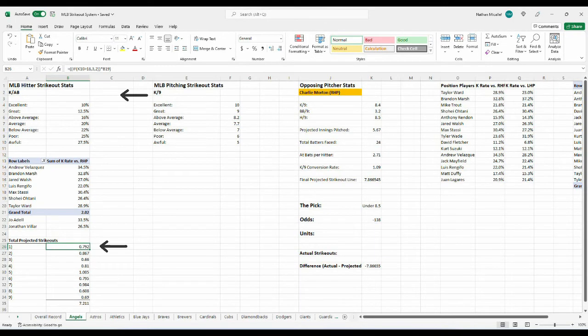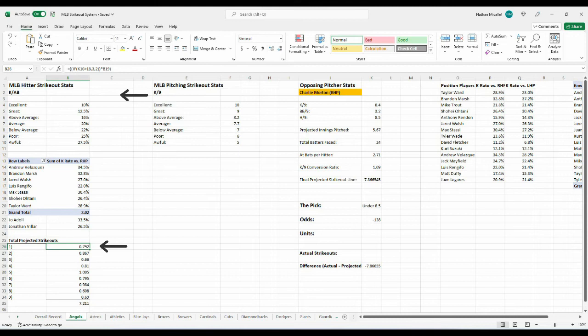With all the pitcher stats out of the way, we can take a look at the hitter's likelihood to strike out in a given at-bat. If you take a look at the formula, you'll see that it's a complicated if-then statement. All this means is that if the number of batters is greater than 18, the hitter will have 3 at-bats in a game, and if it's less than 18, they'll have 2 at-bats in a game.